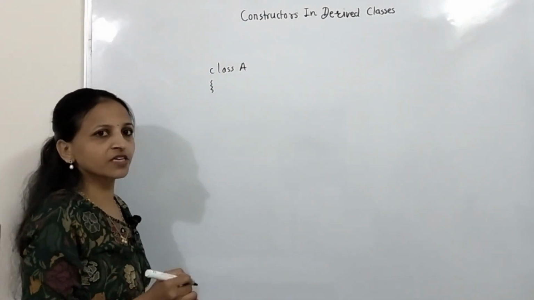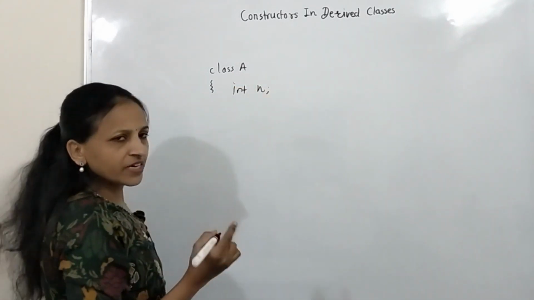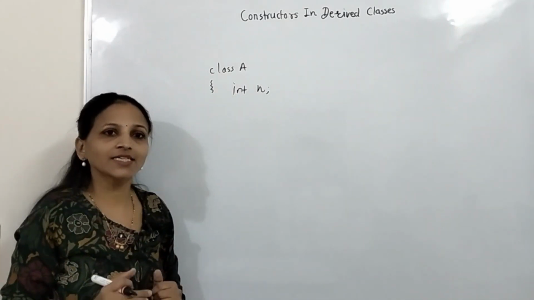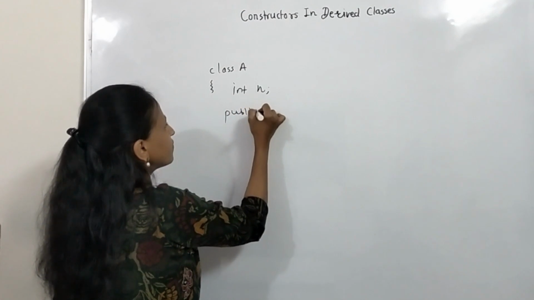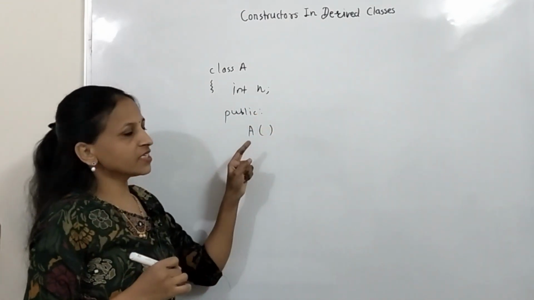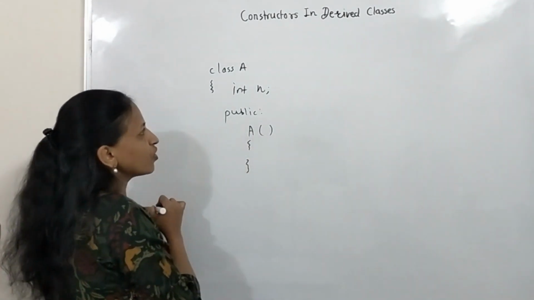How to write a default constructor? First, the class has a data member n, one integer variable. Inside the public section, I am going to write one default constructor: the class name and blank parentheses.